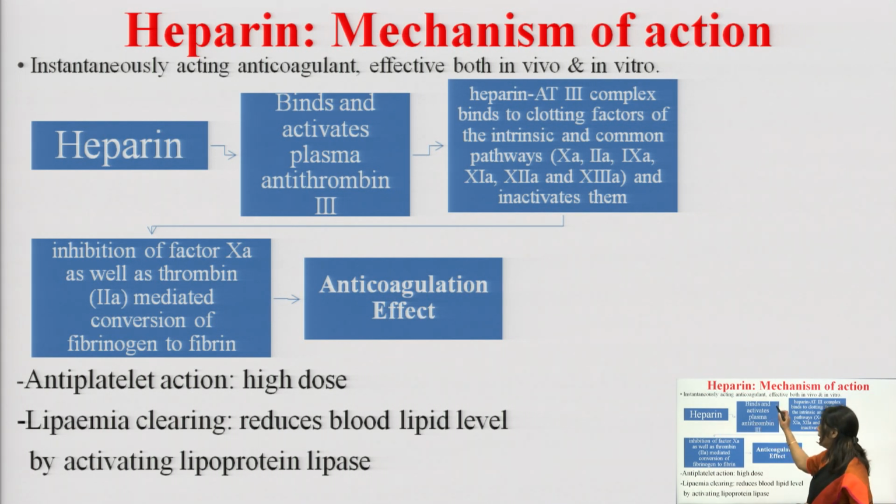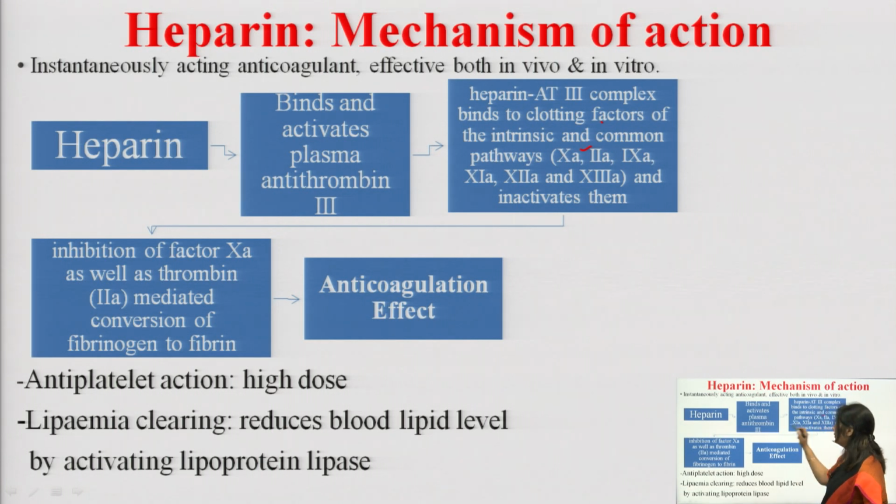Heparin binds and activates plasma antithrombin 3, and this heparin antithrombin 3 complex binds to the activated forms of various clotting factors, factor 10, 2, 9, 11, 12 and 13, and after binding it inactivates them. So, this complex inactivates various factors of intrinsic and common pathway.